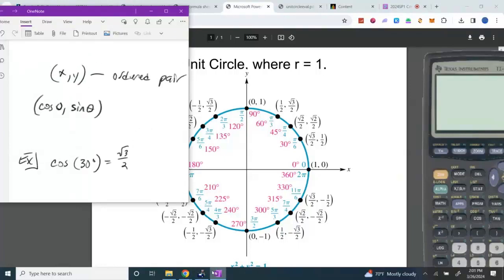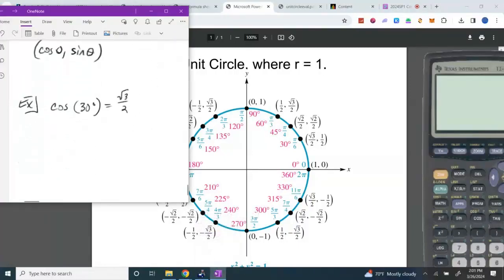All right. If you wanted to find, let's say, the sine of 330 degrees, you would locate 330 degrees in your unit circle, which is this 11 pi over 6 angle.